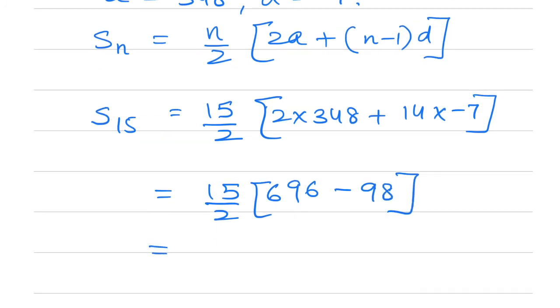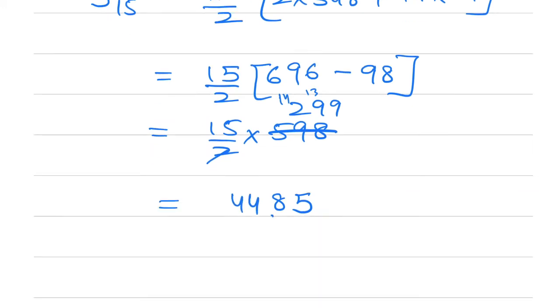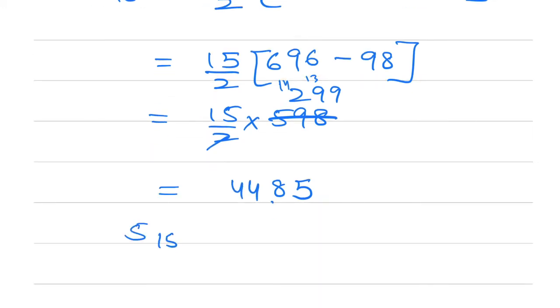So we have 15 by 2 into 598. Now 2 into 299. Now let's multiply. So we have S15 as 4485.